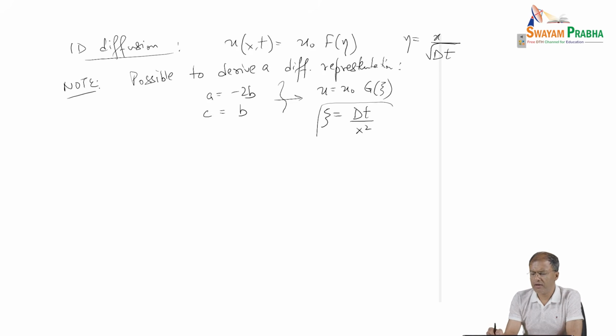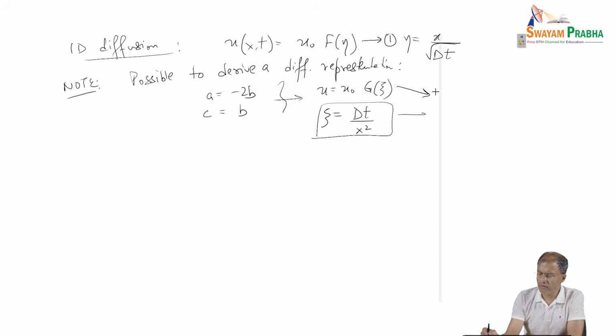This is again solving the set of three equations for the dimensional analysis, and keeping some other unknowns, we can come to this conclusion where we have another similarity variable, right? So let me call this form 1 and this form 2.